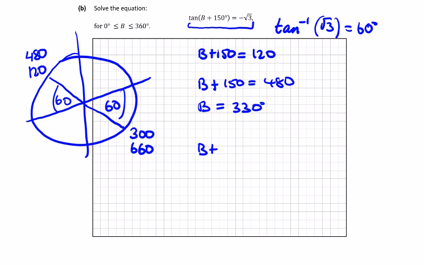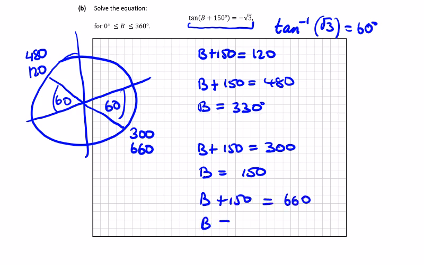And b plus 150 is equal to 300, b will be equal to 150 in this case, and b plus 150 is equal to 660, b will be equal to 510, which is too high.